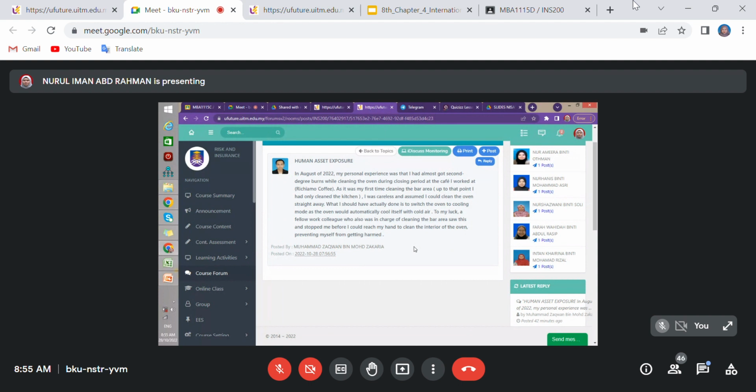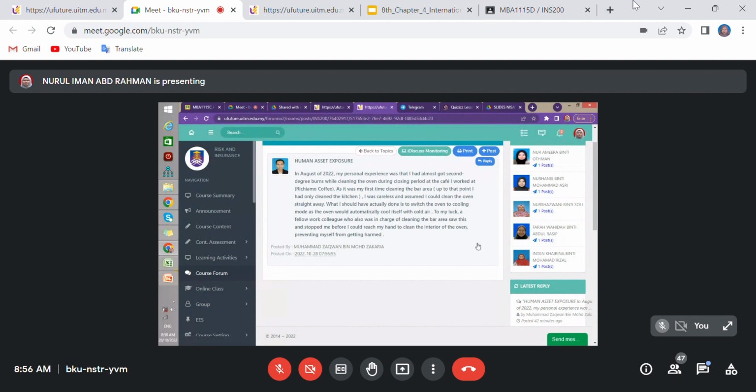Until that point, I had only cleaned the kitchen. I was careless and assumed I could clean the oven straight away. What I should have done is to switch the oven to clean mode, as the oven will automatically clean itself with cold air. To my luck, a fellow work colleague who also was in charge of cleaning the bar area saw this and stopped me before I could reach my hand to clean the interior of the oven, preventing myself from getting harmed.